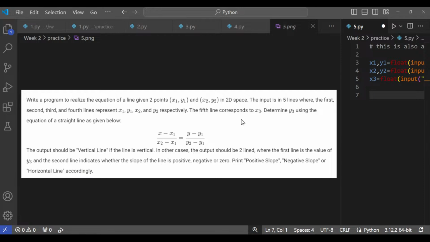So how do we get the value of y3? If it is vertical, we cannot have y3, right? Because y3 will be the entire line. It will be like kind of infinite slope.